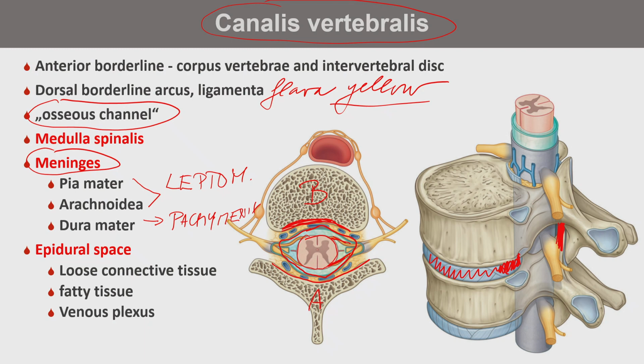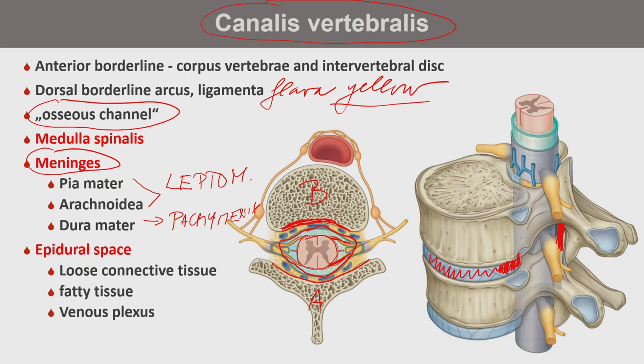Typically it could be pneumococcal meningitis. It could be also some viral infections. And then we have a pachymeningitis, which is affecting the dura mater. And here we are talking about the infection which is typically spreading to the central nervous system from outside, here from spine.